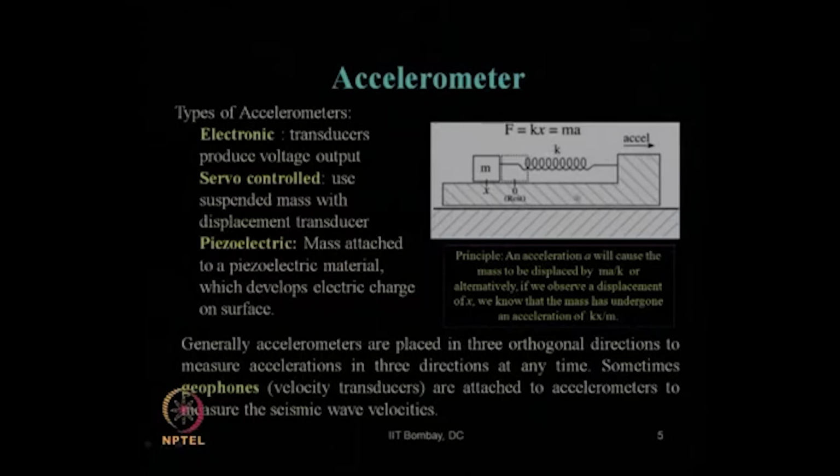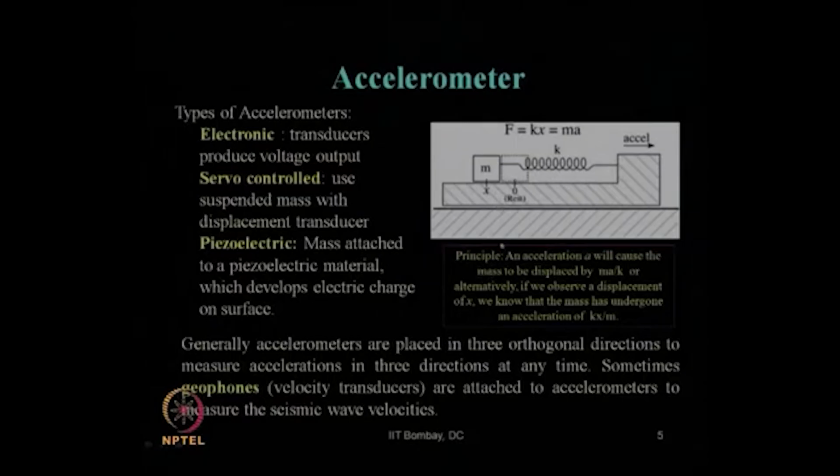That is, if the block, due to earthquake shaking, moves or accelerates in this direction, the mass which is hanging to measure that acceleration will be moved by x amount in this direction, and the spring force will be equal to the mass times acceleration to maintain the equilibrium of the system.